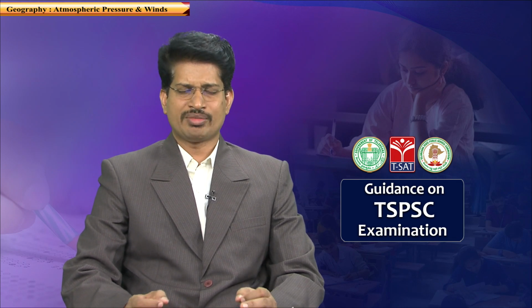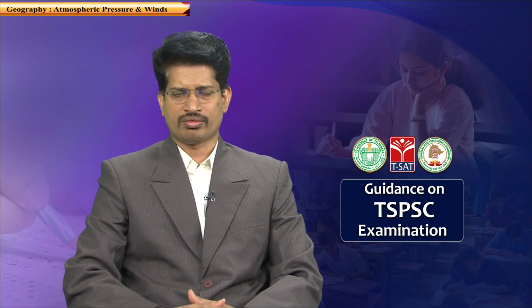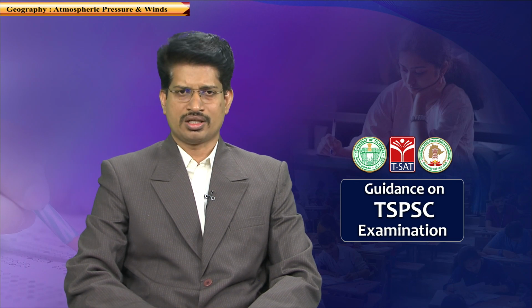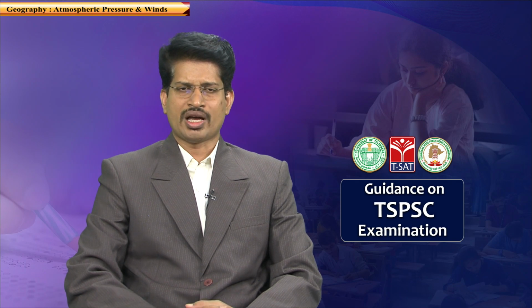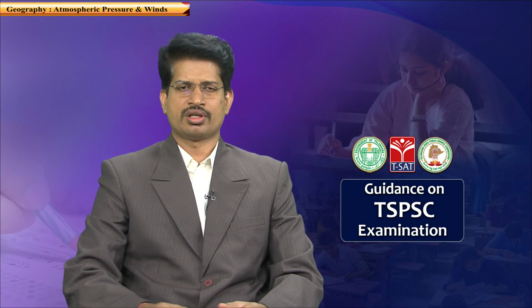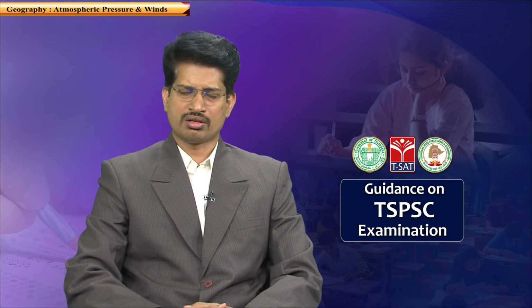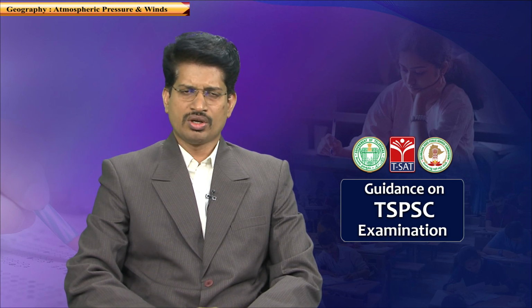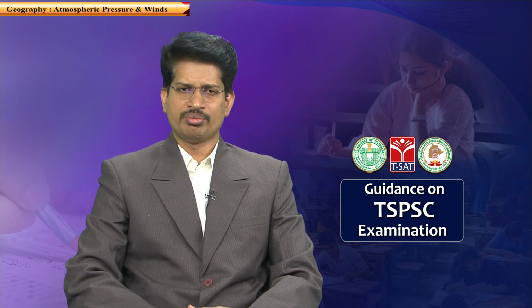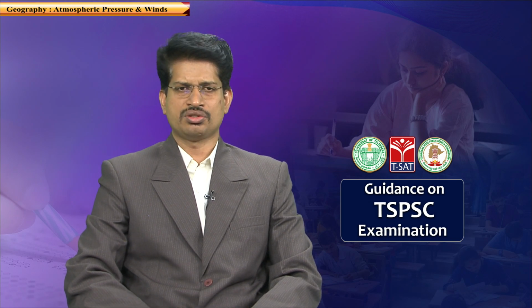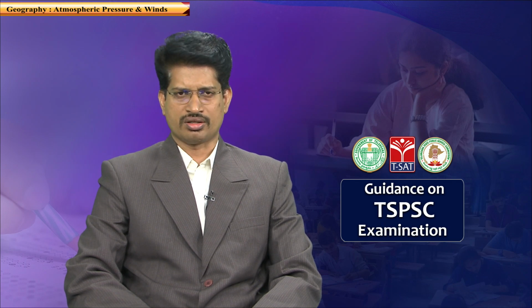So one fundamental fact to understand climatology is that air always flows from high pressure to low pressure. If we are able to understand this phenomenon, the whole of climatology can be understood, because the way the air is circulated is classified into primary circulation, secondary circulation and tertiary circulation.